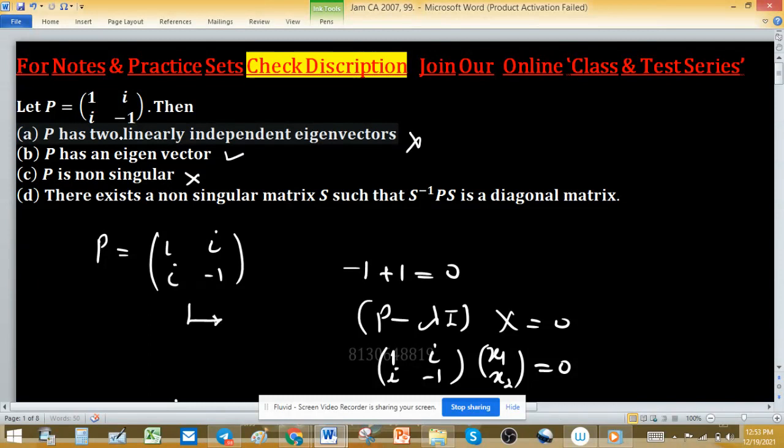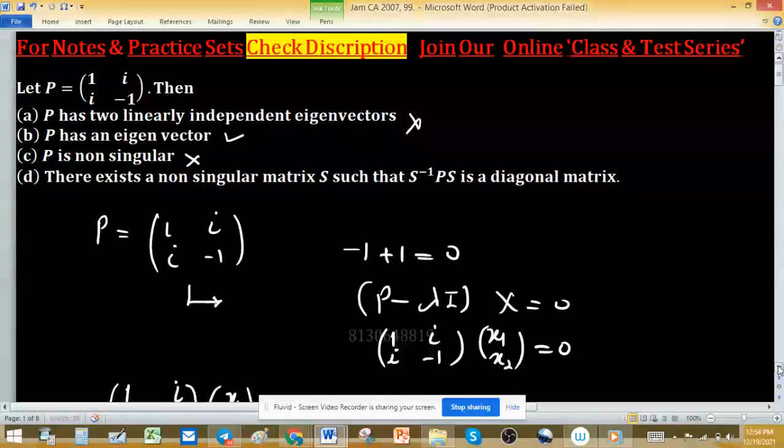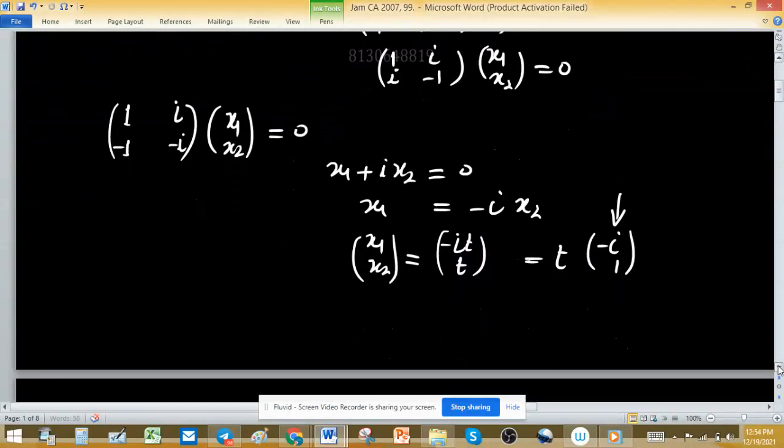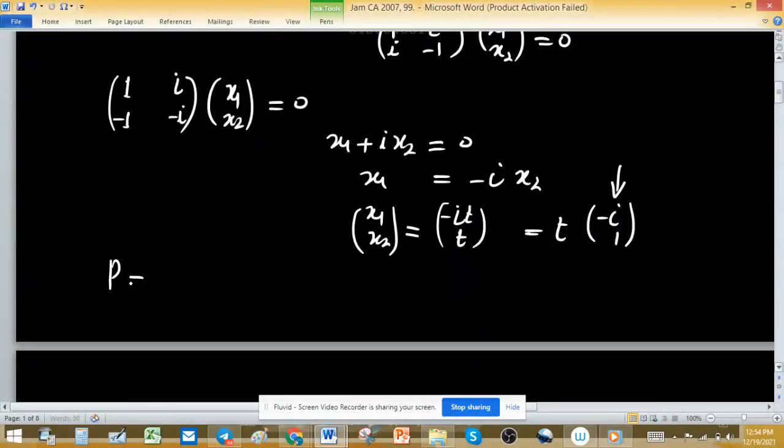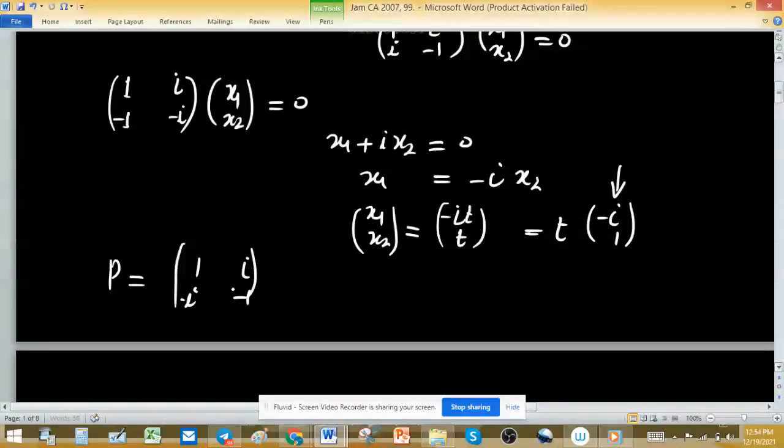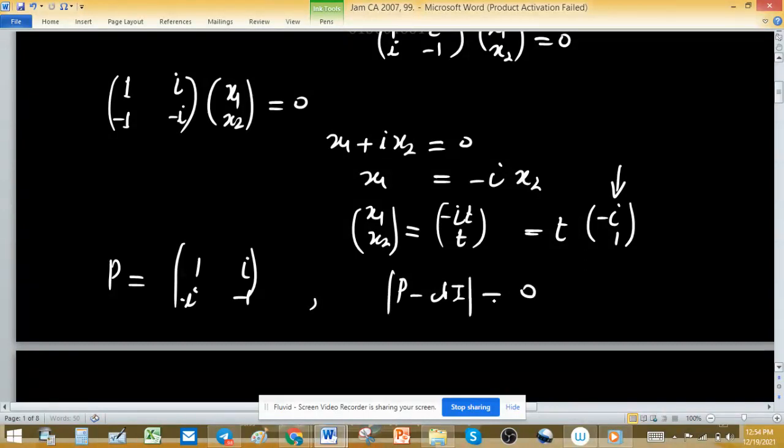P has two linearly independent eigenvectors. Now come to option D. You can easily find the eigenvalues of this matrix P, [1, iota; iota, -1]. We have to find the eigenvalues, meaning the determinant of P minus lambda I should be 0.